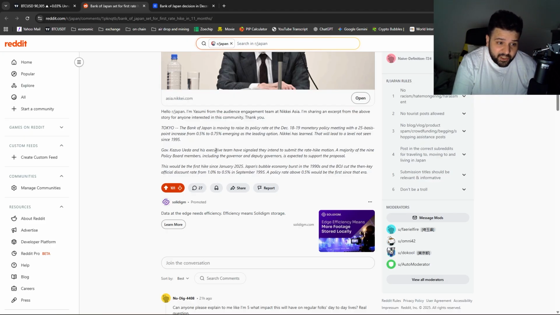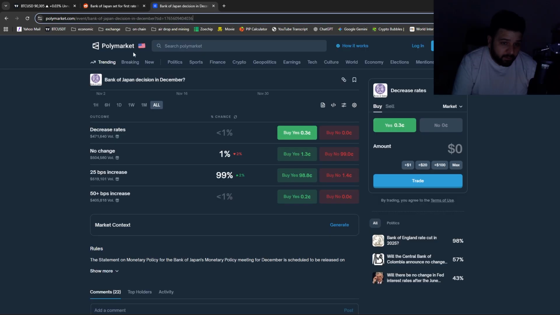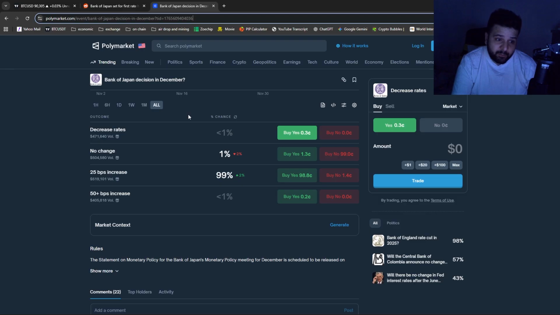This is a major issue because it forces foreign investors, who for the past 2 decades have borrowed at near zero rates with cheap money to invest in risky assets like equities and crypto, to sell their holdings to repay these loans.